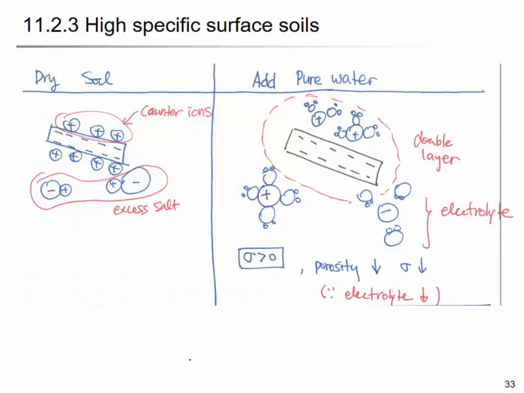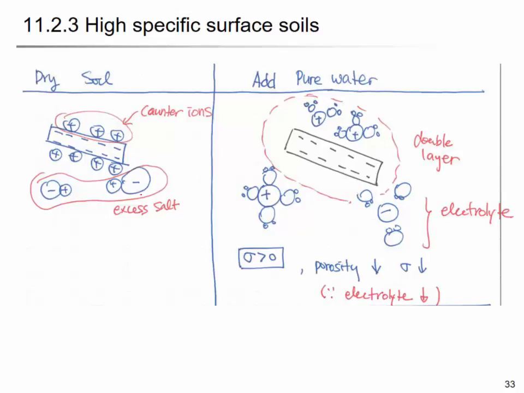So, high specific surface soil: when you have dry soil, you have a counter cation that balances the negative charge on the clay surfaces, and you may also have excess salt that's precipitated during drying. When you add pure water, this cation will be hydrated like this, and it's going to form the double layer.